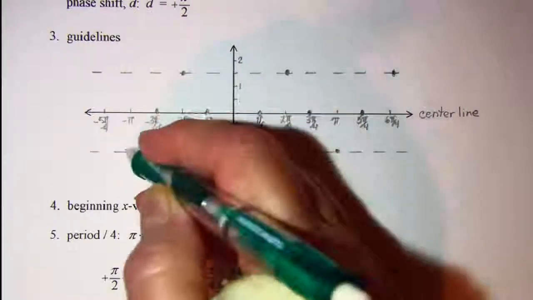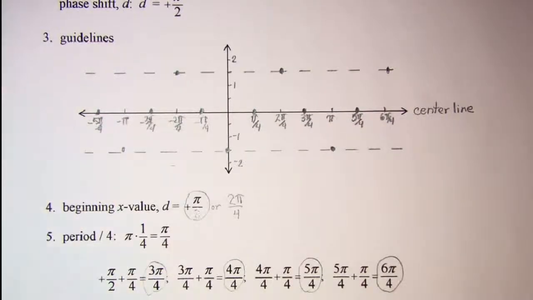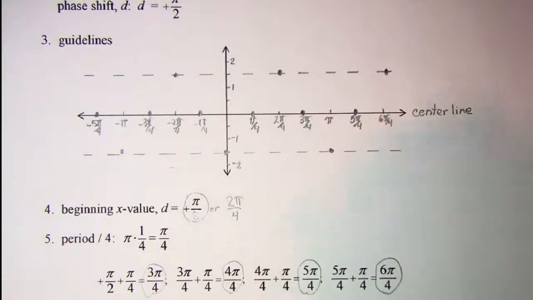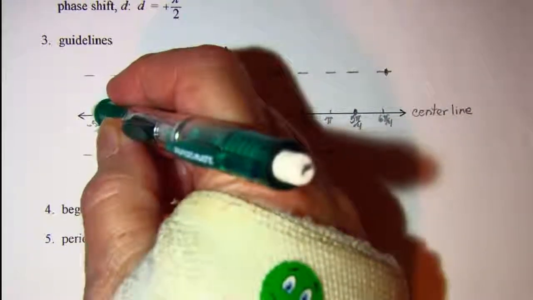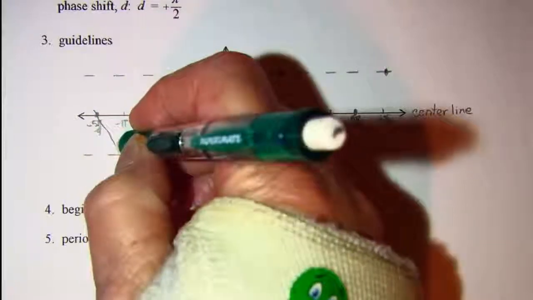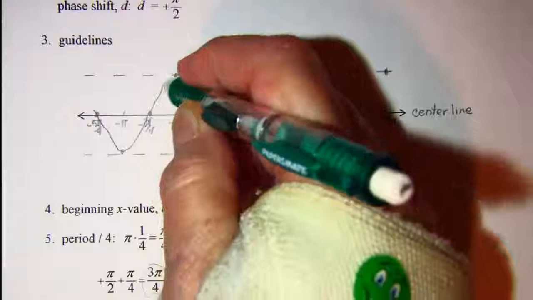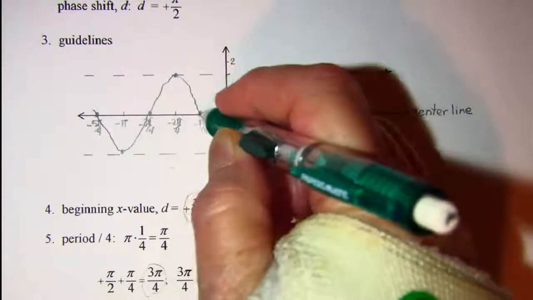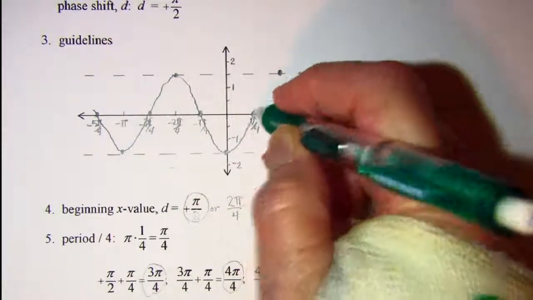We can continue this all the way. The only thing left now to do is to draw our smooth cosine curve. So we have it as smooth as possible with a fractured wrist here.